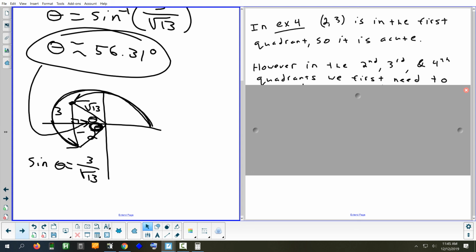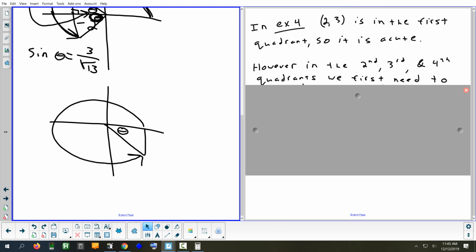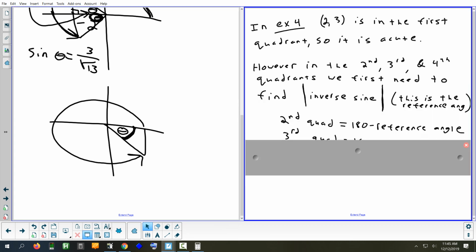So you either are going to have to subtract from 180, add to 180, or what if your angle was in quadrant 4? How would you find that? You could subtract it from 360, right? Because you're this much shy of going all the way around. You could do something with 270 if you knew this, but you'll never know that. Okay? So I'll show you the different formulas.